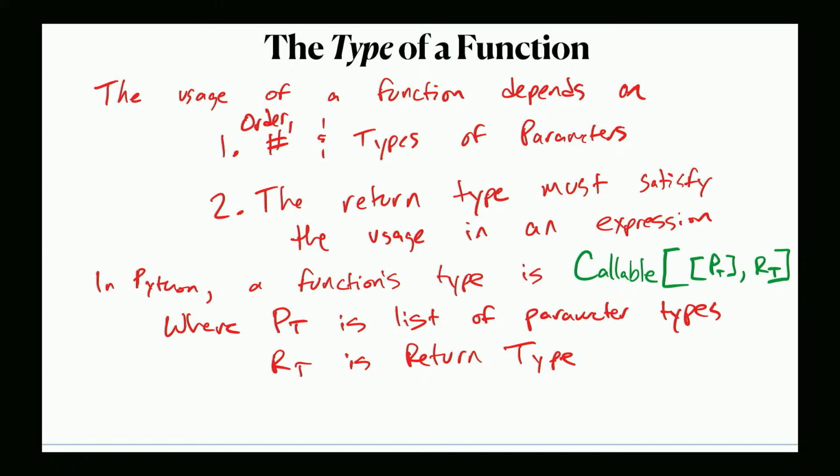So we put the parameter types in another set of square brackets and the return type following that in a comma. So for example, if we had a function definition such as def, I'm just going to make up a silly function, s, where we have a parameter x, which is an int, and y, which is a str, and let's say this returns a bool.